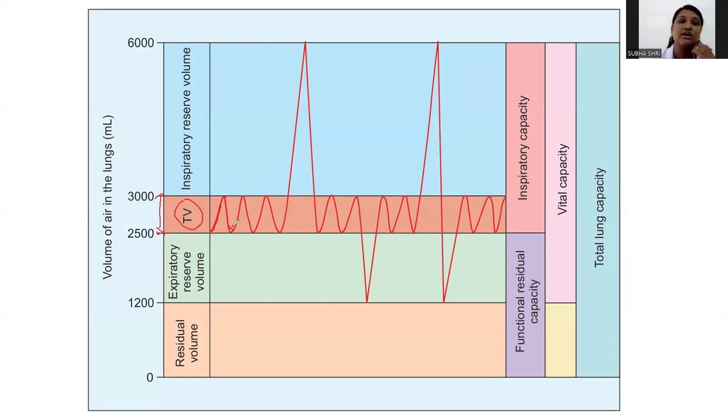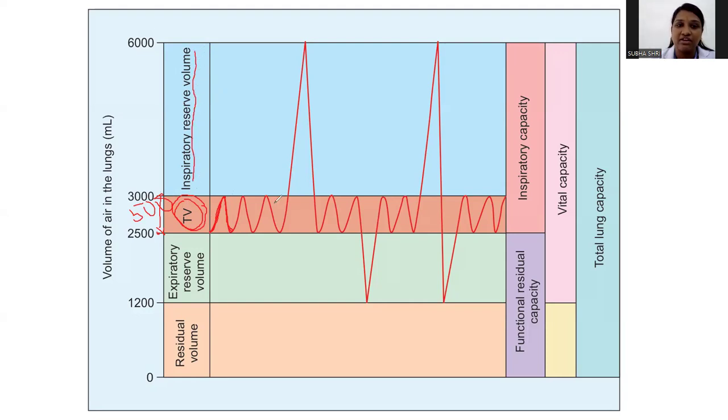At rest, the amount of air that is inspired or expired is called tidal volume, which is around 500 ml.